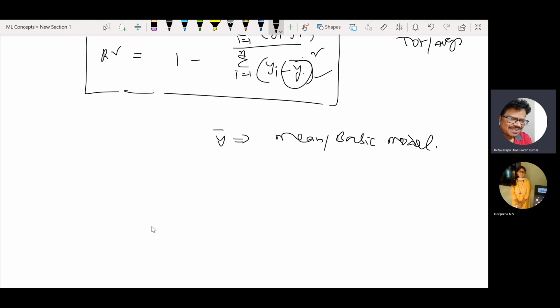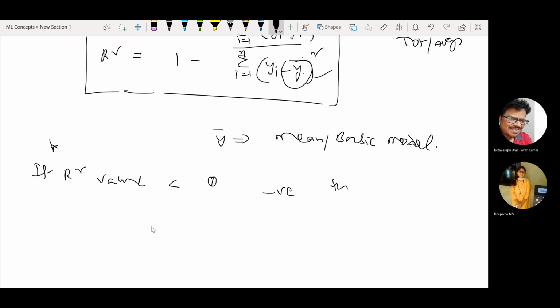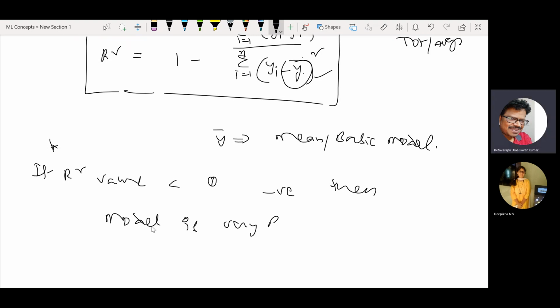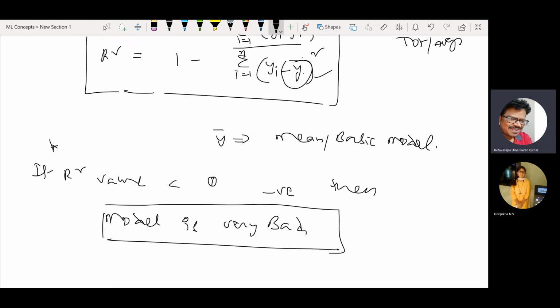Okay, so R square generally measures the performance. Now, if the R square value is less than 0, that means negative, then the model is very bad. Remember this point, guys, because R square, though it is less than 1, should not be a negative value.